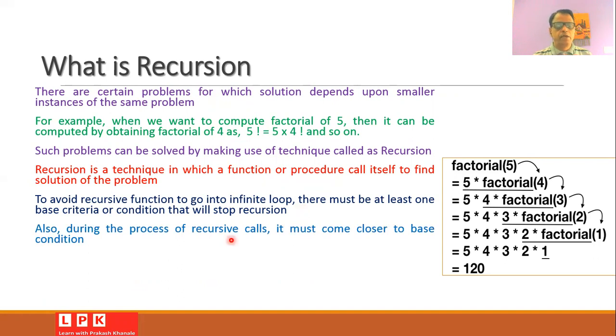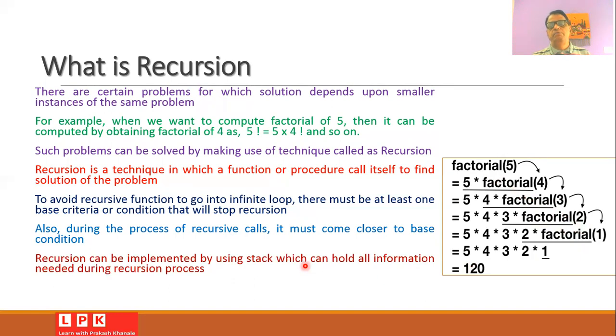Also, during the recursive calls, the process must be such that we come closer to the base condition. For example, whenever we are computing the factorial of 5, the base condition can be factorial of 1 is equal to 1. And therefore, every time in the recursive call, we should come closer to this base condition. If this is achieved, then we can avoid the infinite loop.